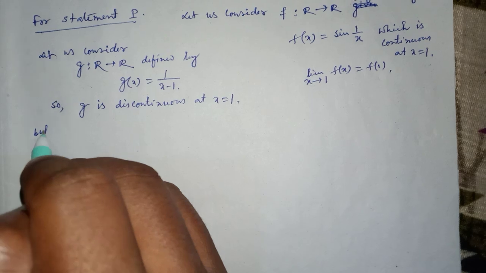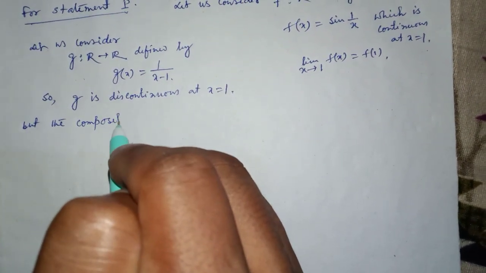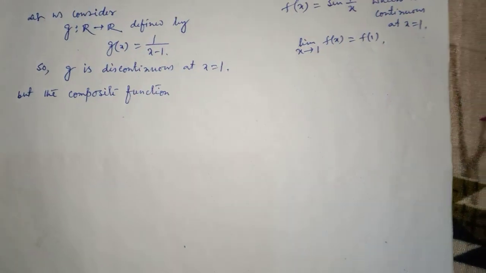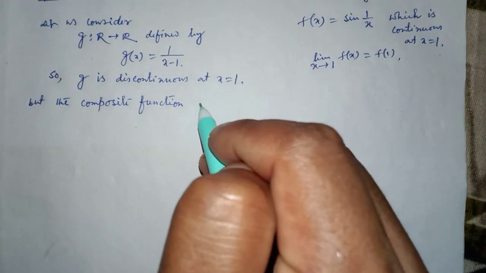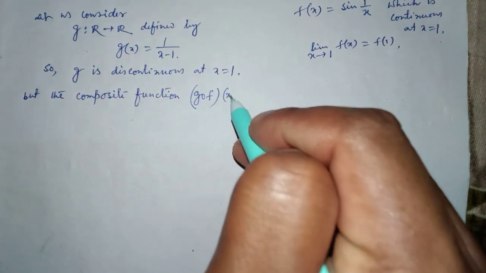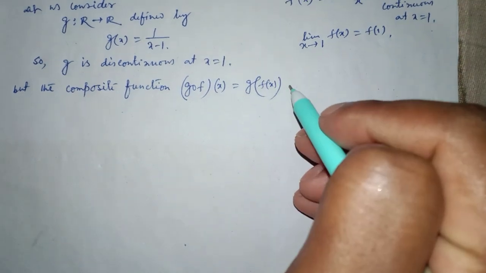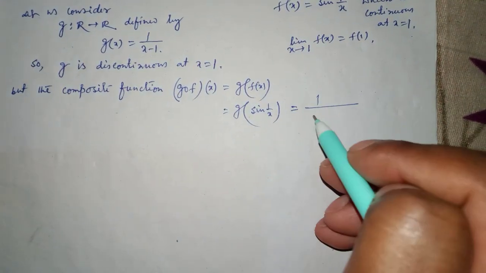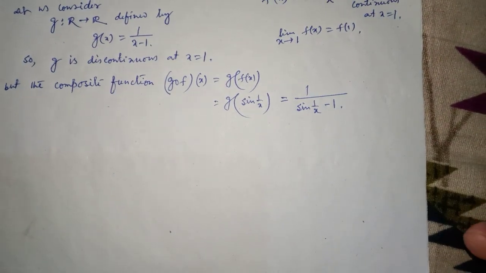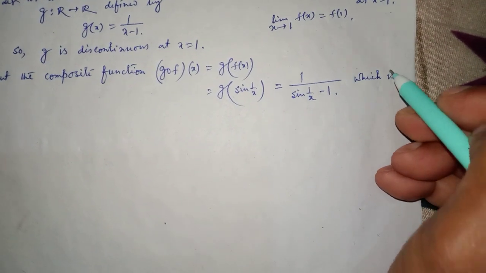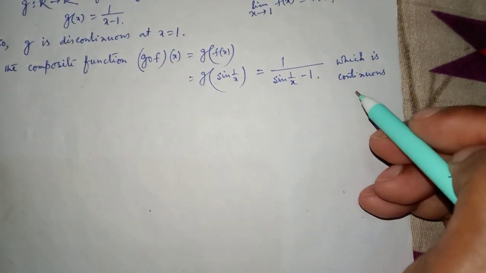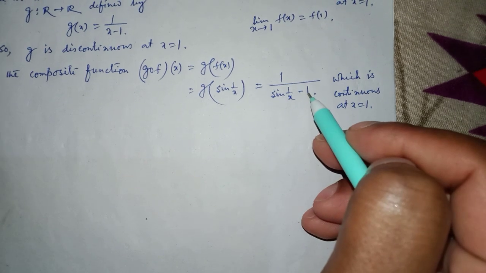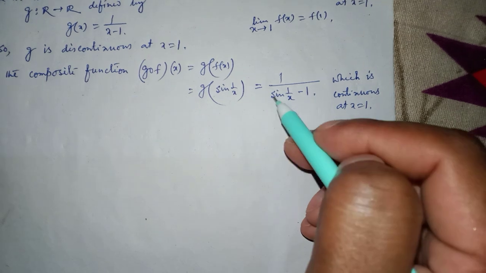but the composite function g of f of x is equal to 1 by sine 1 by x minus 1, which is continuous at x equal to 1, because as x tends to 1 the denominator is sin 1 minus 1, but sin 1 is not equal to 1, so this part is not 0.